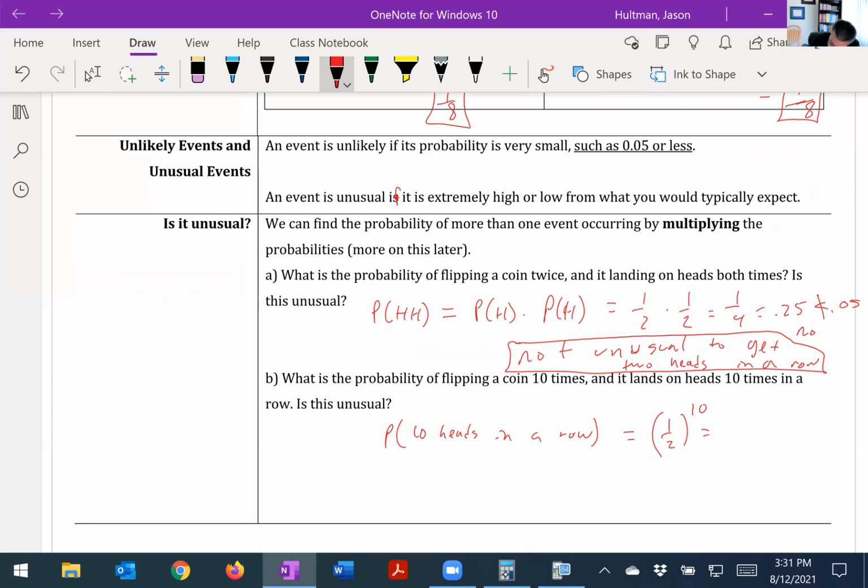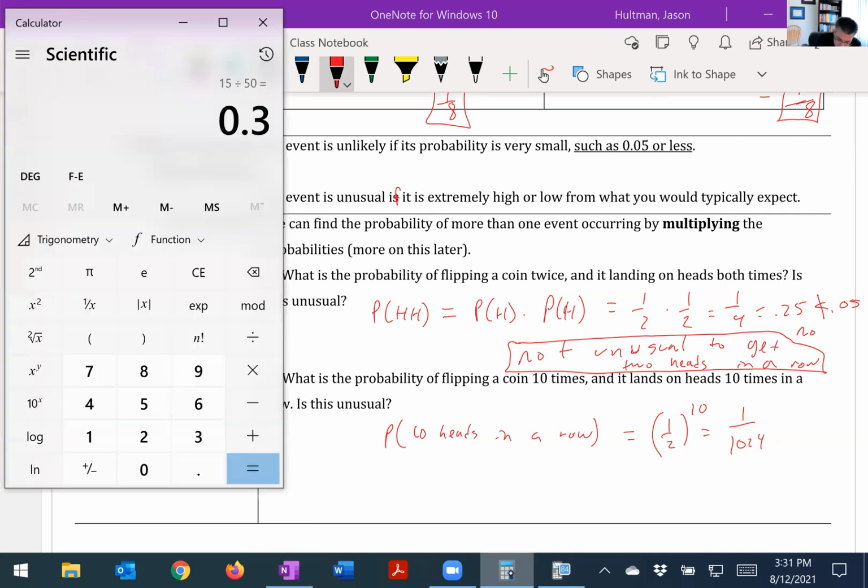This is equal to 1 over 1024. You can do that on a calculator. If we just kept multiplying 1/2 to the 10th power, or 1/2 times itself 10 times, you can see here, we get 1/2, and I'm going to raise that to the 10th power.